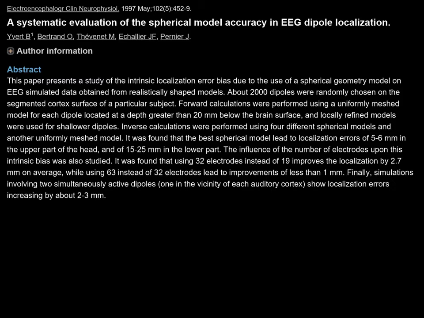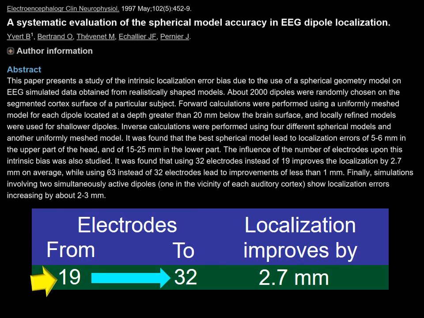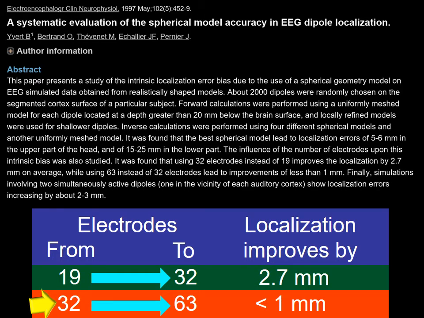It is interesting that in the experimental model created by Evert et al., when increasing the number of electrodes from 19 to 32, localization improves by 2.7 millimeters. And when going from 32 electrodes to 63 electrodes, localization improves by less than 1 millimeter.